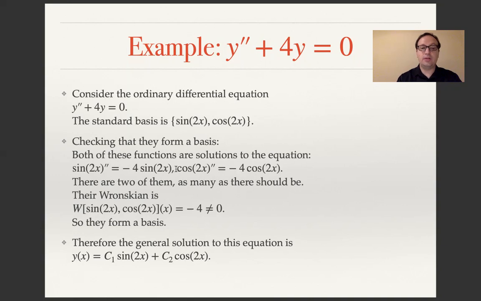The derivative of cosine of 2x is minus 2 sine of 2x, and when I take one more derivative, we get minus 4 cosine of 2x, where the factors of 2 come from the chain rule. So every time we take a derivative, the 2 in 2x gets brought out by taking the derivative.